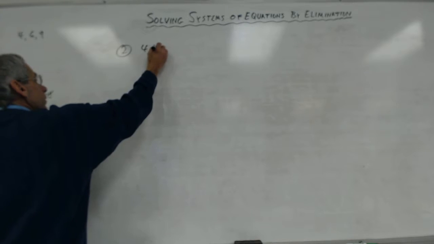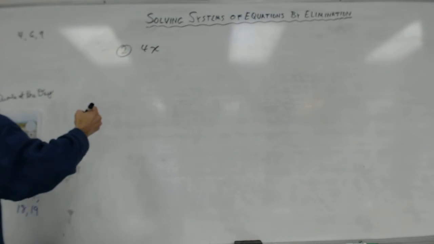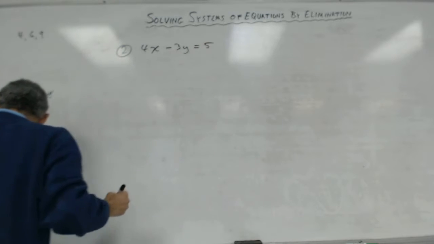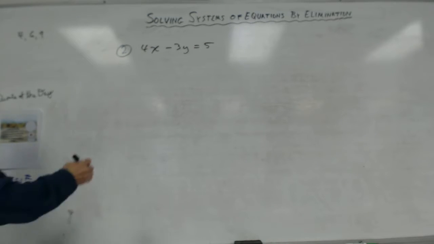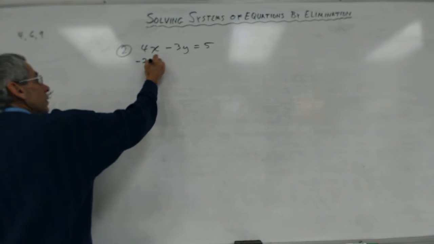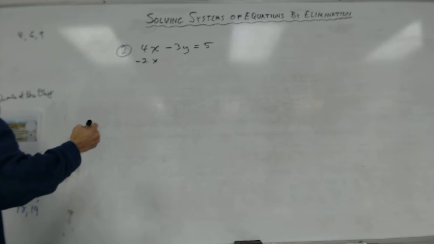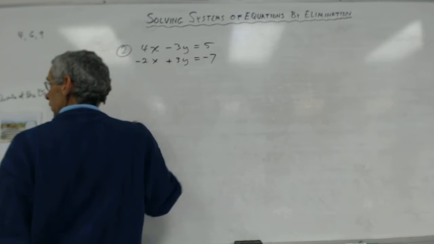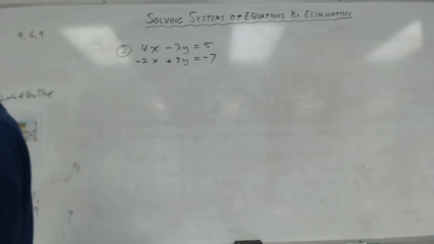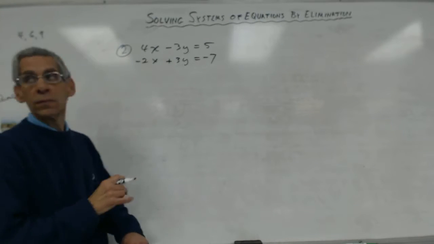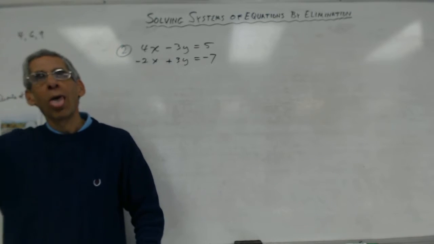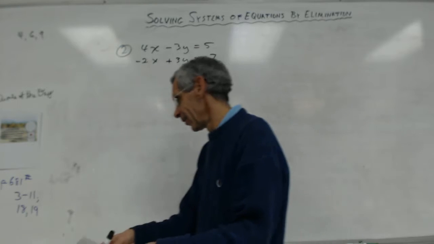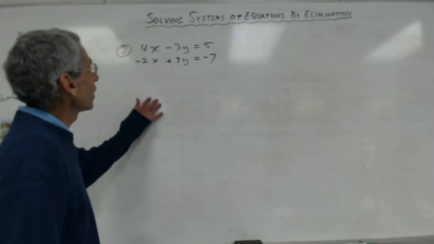We've got 4x minus 3y equals 5, and we have negative 2x plus 3y equals negative 7.